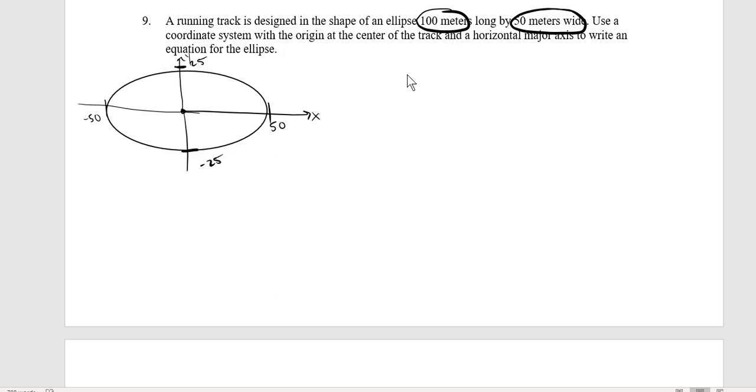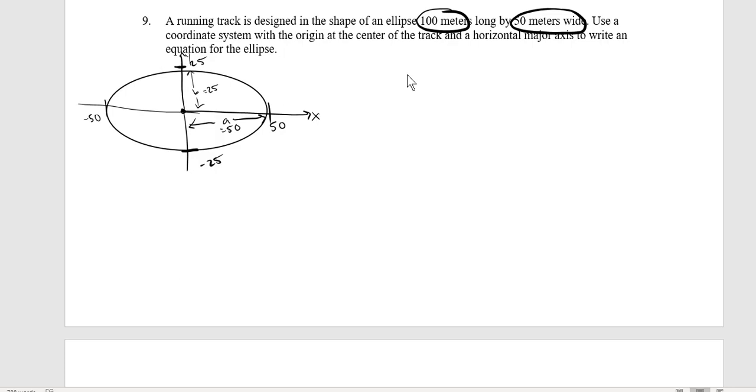Well, with this information, we know a is 50, and b is going to be 25.